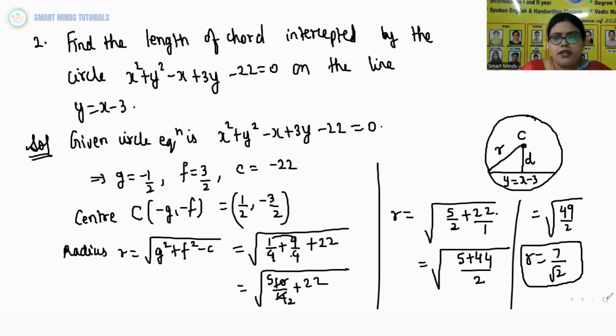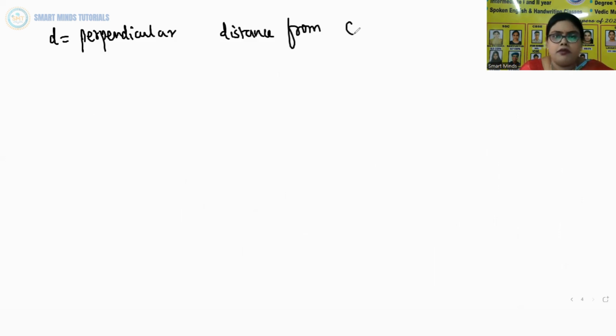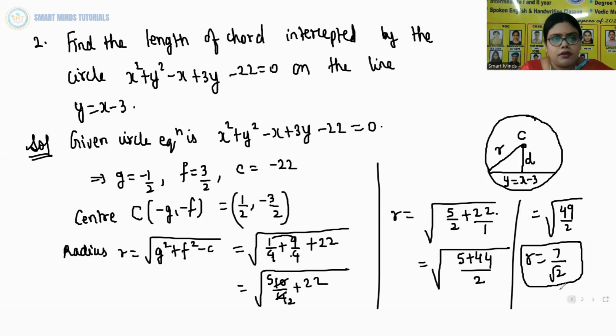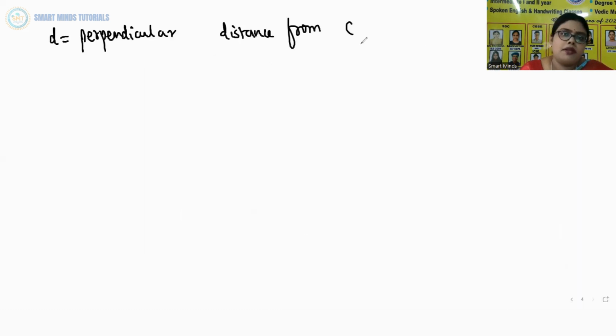Now after finding r, we need to find d. So first we need to write d. What is d? d is the perpendicular distance from the center. What is the center we got? 1 by 2 comma minus 3 by 2. To the line. What is the line given to us? y is equal to x minus 3.